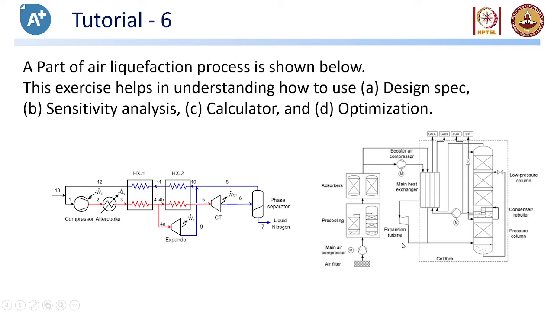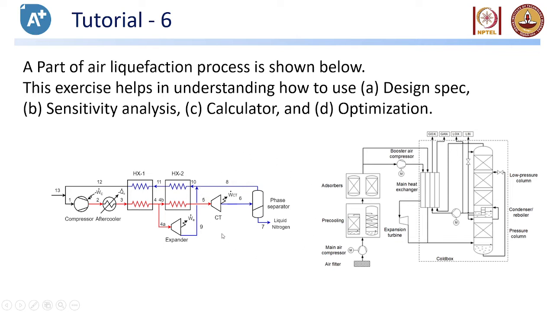That's what happens in any air separation plant. To be technical, this is called the Kapitza liquefaction process. Our basic idea is to simulate this particular cold end section of the column.